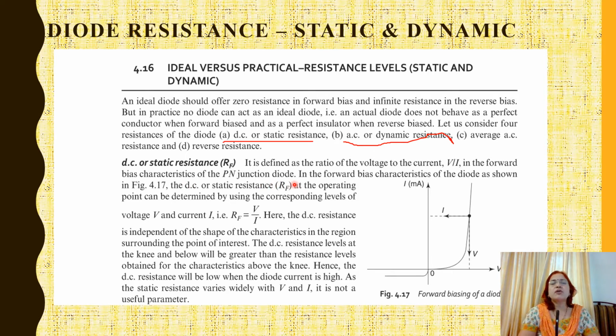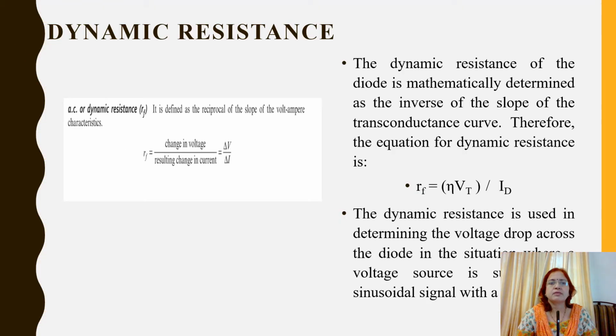So this DC or static resistance RF is defined under the forward bias condition and its formula is V upon I. Take any one point on this forward bias characteristic, take the voltage reading and the current value and find out the ratio. You will get the DC or static resistance.